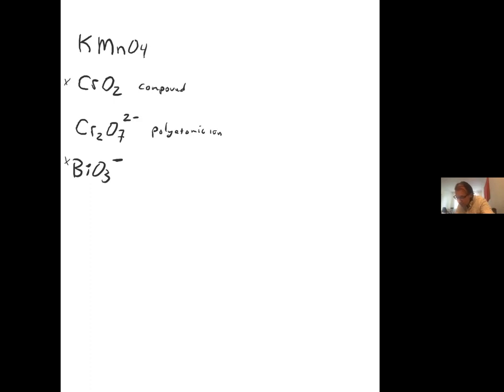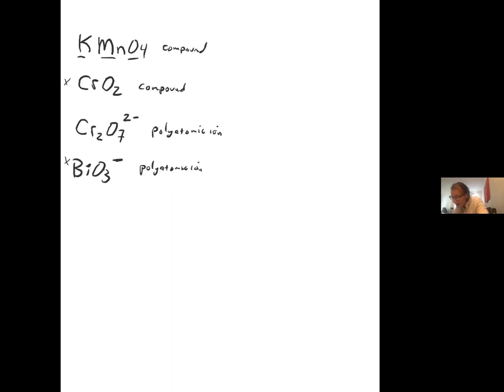If you look at the fourth one, that's not a compound. It's a polyatomic ion because it has a charge. And so this is a compound, right? How do I know it's a compound? It's got more than one element in it, and it doesn't have any charge given. That's what a compound is. So two of them are compounds, two of them are polyatomic ions.